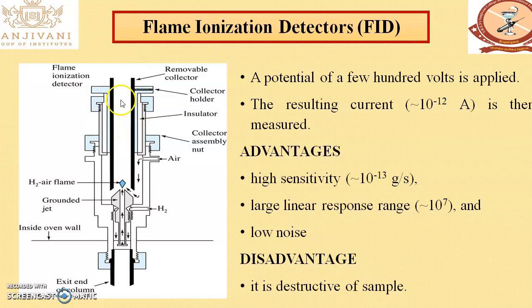We have the collector, or the two electrodes, which cause this positive biased voltage. Now, by pyrolyzing the effluent with the help of the flame, reduced carbon ions are created. So here in this passage, the eluent which is coming out of the column, with the help of this flame, gets pyrolyzed and converted into ions, and the positive bias repels the reduced carbon ions towards the collector plates.